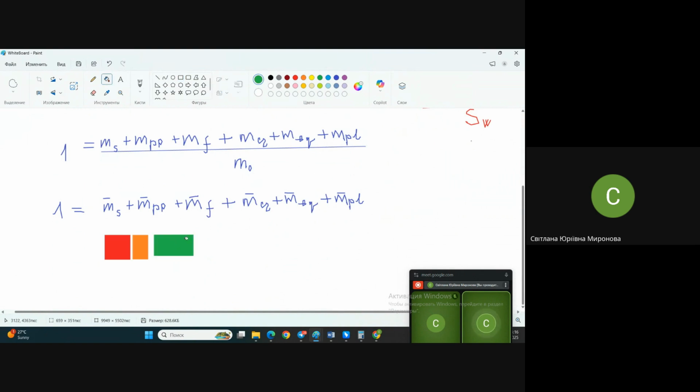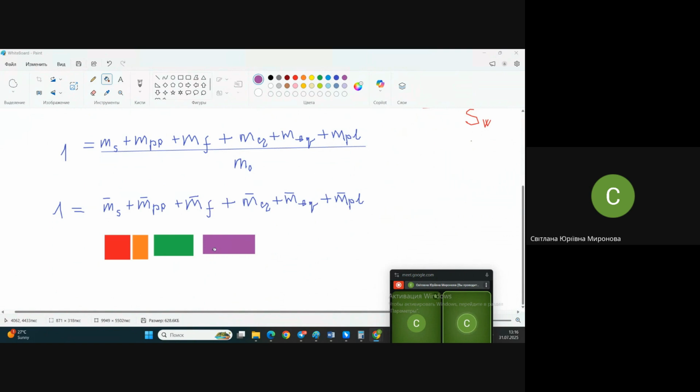I will not continue to draw these rectangles, which should correspond to each component. Let's imagine we have some components, even some more components. What are these rectangles necessary for? To illustrate the idea of these relative weights and the constancy of takeoff weight.